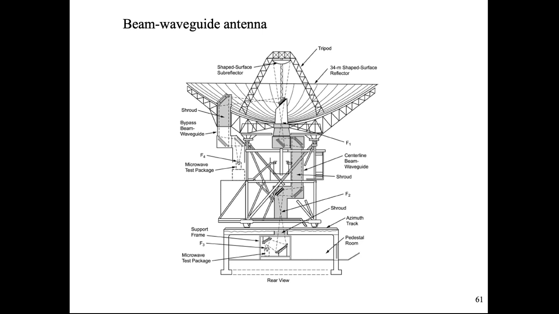This is a diagram showing DSS 25, for example, a NASA antenna, where you see we have the subreflector, we have the prime focus here, but what is done is that the beam is carried by means of a series of mirrors. There are 4 mirrors and a fifth one down here.